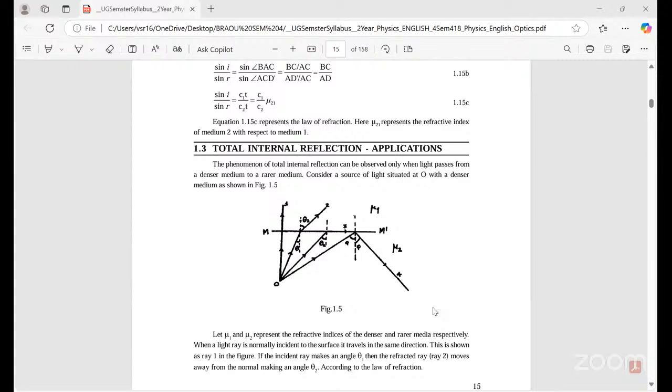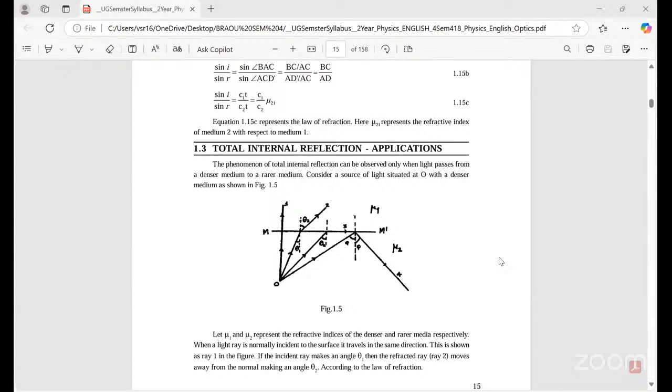On the principle of total internal reflection only, the signals are carried from one country to another. The entire communication system works under the principle of total internal reflection, when the laser light or beam travels through any optical cable, fiber optics. So there we are using this phenomenon.